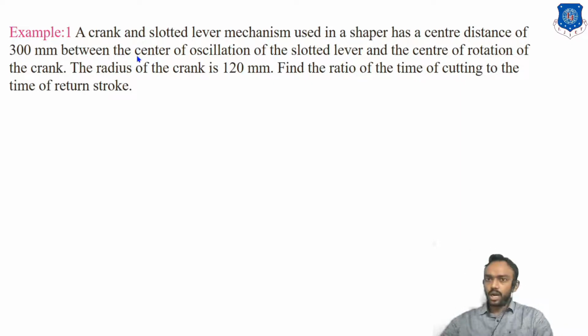That is the distance between the center of oscillation of the slotted lever and the center of rotation of the crank. Radius of crank is 120. Find the cutting ratio. We are going to find this cutting to return ratio.